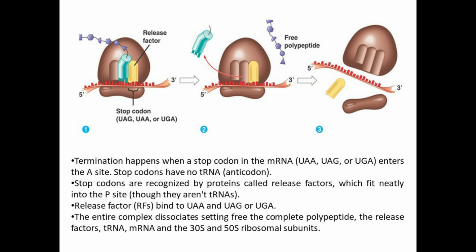The new chain formed will always have a terminus which is having methionine, because methionine was the initiator codon. Methionine was the first amino acid which is always incorporated. So before completion of the protein folding, the methionine is removed by enzymatic action. So these are the various steps involved in gene translation or protein synthesis.